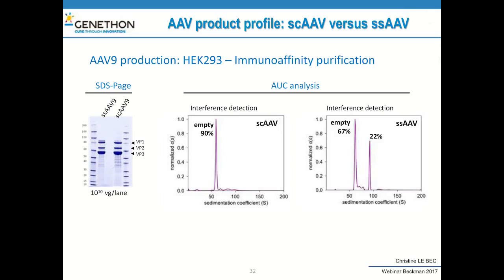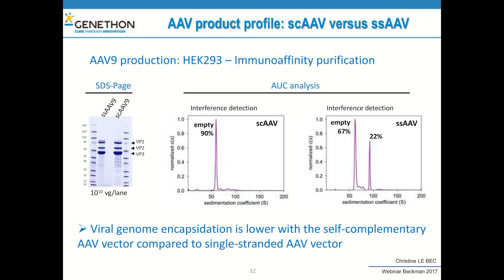For single-strand AAV, you have 22% of full particles, meaning that the encapsulation is lower with the self-complementary compared to the single-strand. So the AUC gives you an idea of the ratio of full and empty, even for single-strand and double-strand AAV vectors.